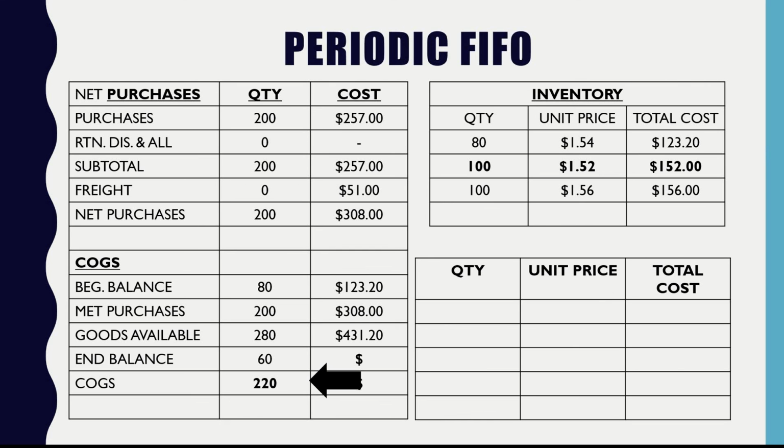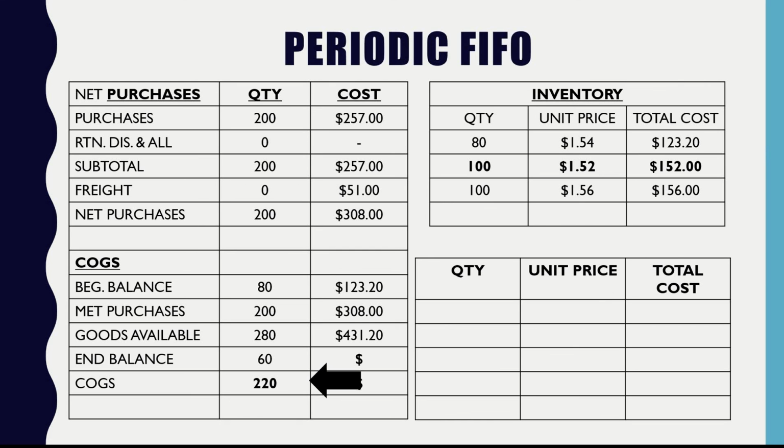This is what we have available. We have 80 from our previous scenario. Then we purchased 100 at 152, and then we have another one at 156. When we deal with FIFO, your beginning balance is considered your very first batch because that's something that you carried over.